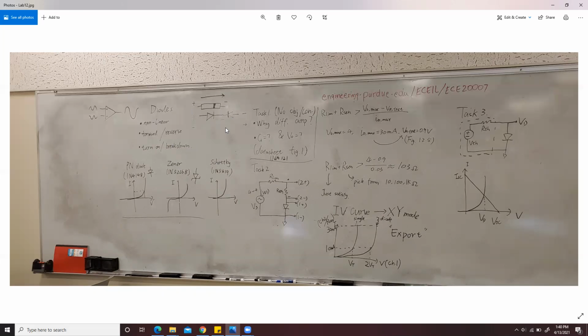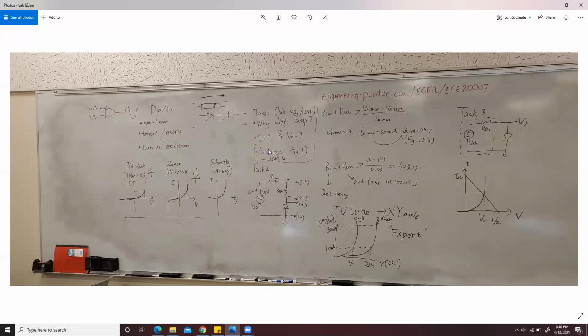So if you check the lab kit you have, the diode looks something like this. There is a little strip, and that indicates the polarity. So this side is positive, this side is negative, and this is the corresponding symbol on the schematic.